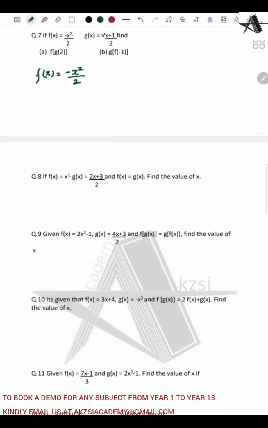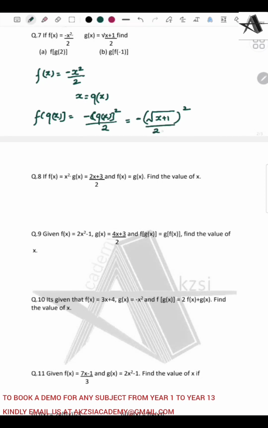Now we need to substitute g(x). In place of x, I'll write g(x). That means this will be f of g(x) is equal to negative (g(x)) whole squared over 2. What's the value of g(x) given here? Root of x plus 1 over 2. So it's going to be negative (root of x plus 1) whole squared.